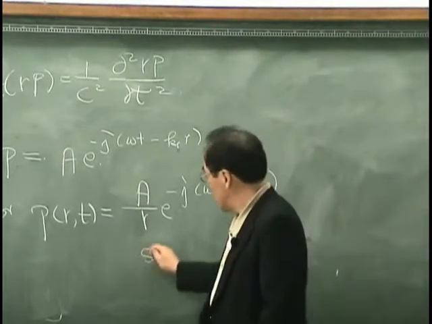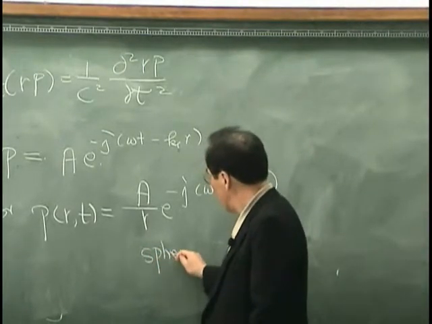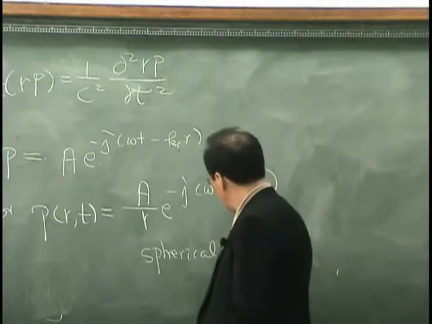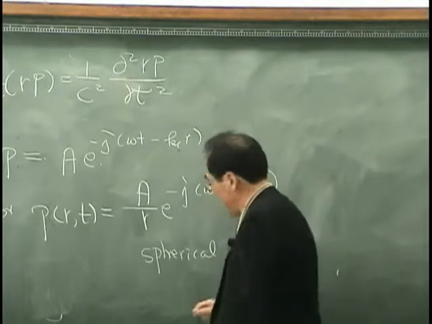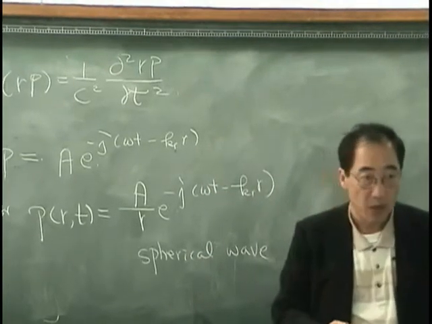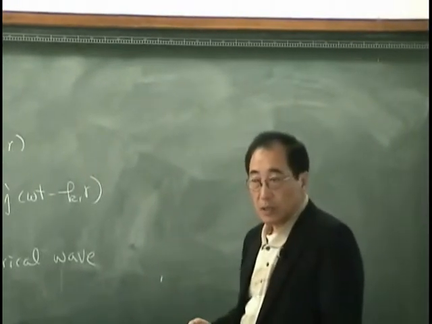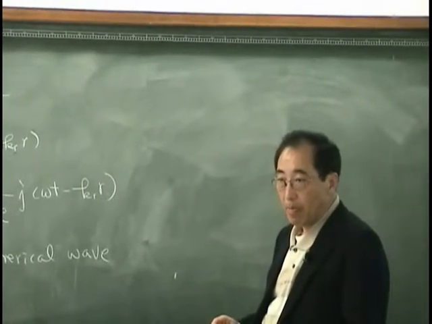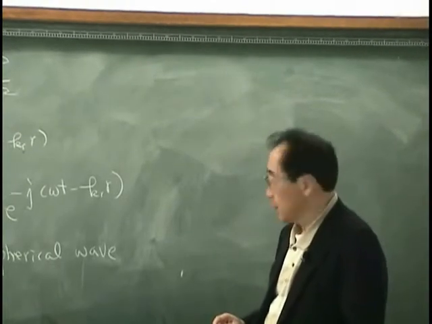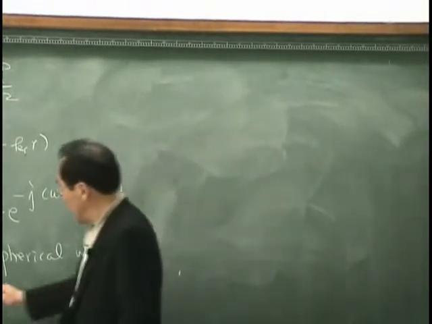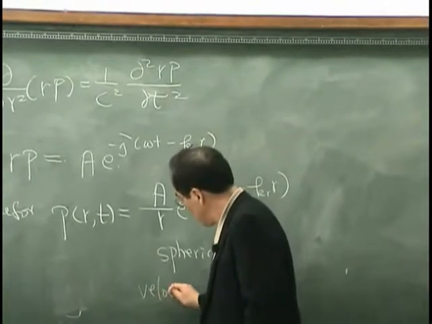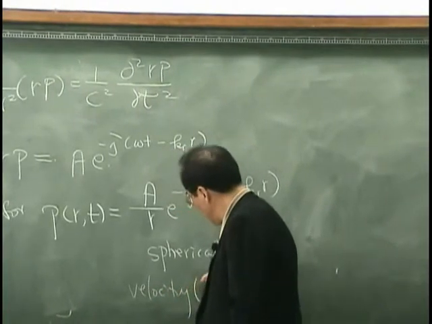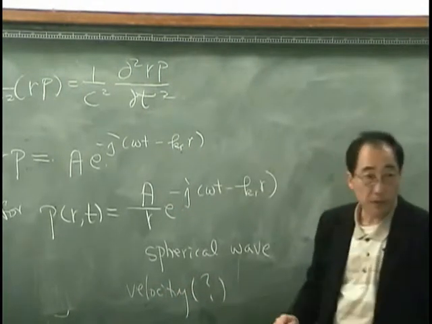We call this a spherical wave. What about the velocity? How can we get the velocity?